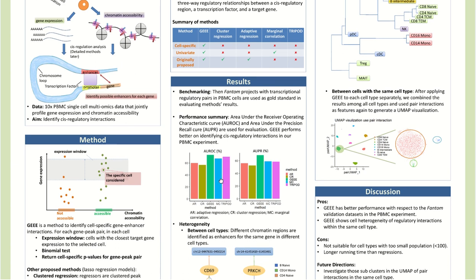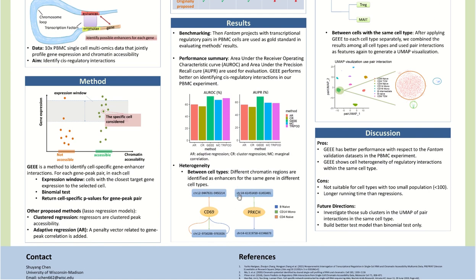From the result of G, we also observe some heterogeneity in regulatory interactions. The result shows that there could be different enhancers regulating the same gene in different cell types, as this figure shows. Lines connecting genes and peaks in different colors indicate that they are detected in different cell types.